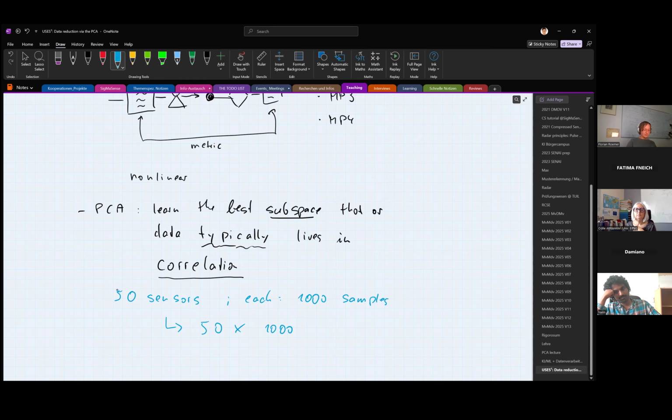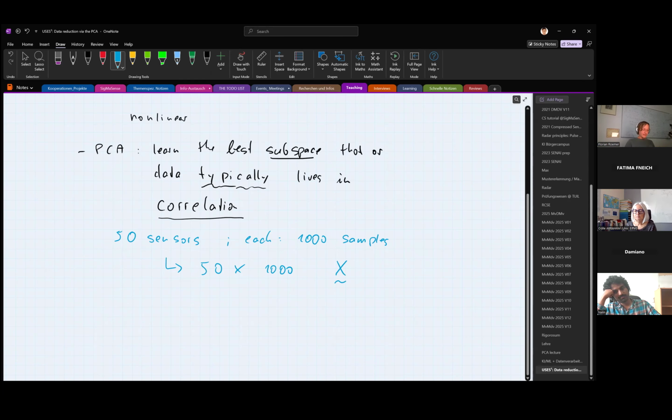So we could say it's a matrix of that size. And now that means that what we actually have is 1,000 vectors, each 50-dimensional. So we are in a 50-dimensional space. We're looking at all our 1,000 vectors, and now we're trying to find in which subspace the 1,000 50-dimensional vectors live. And this is what we're going to try to extract.